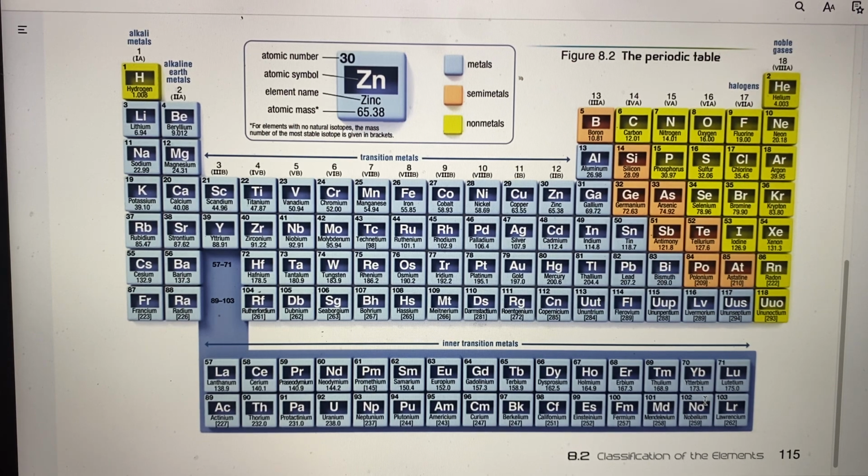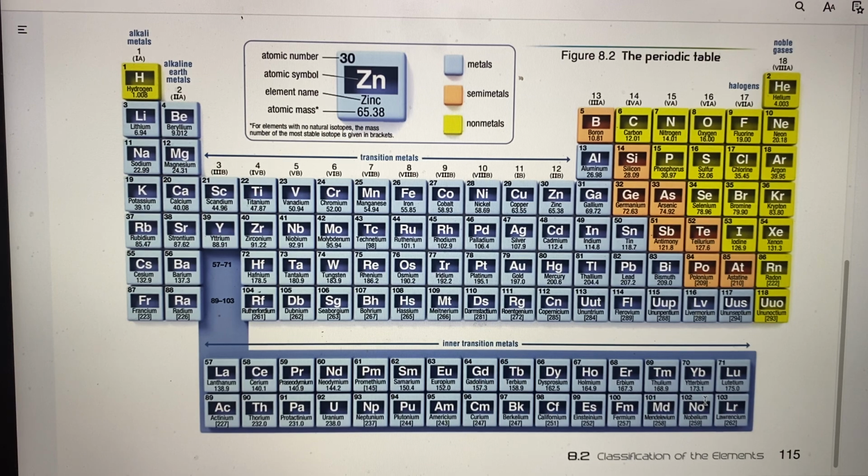A metal is known for its hardness and stiffness, and it's a good conductor of heat and electricity. That would be all of these metals. A non-metal would be very brittle. It wouldn't be hard. Some of them are gases, and they'd be non-conductors, insulators. They don't conduct electricity or heat very well. They have a dull surface.